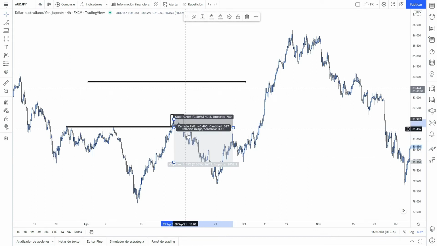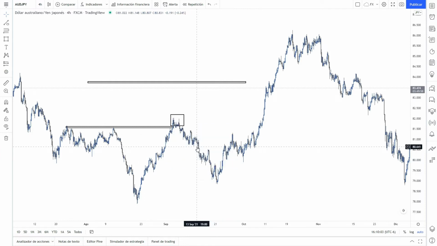then price drops. So the market, the smart money institutions, they bought right here, but they knew where the stop losses were, and the stop losses were right above this resistance level.